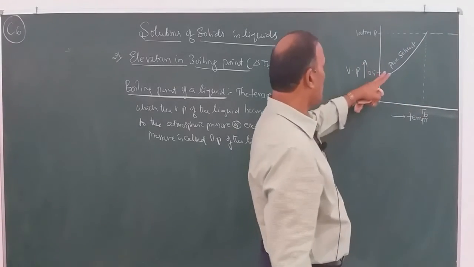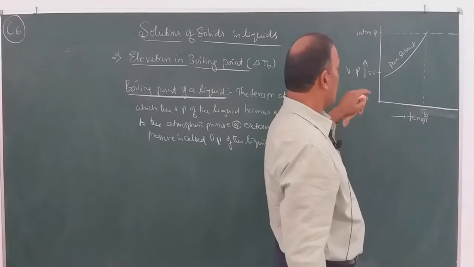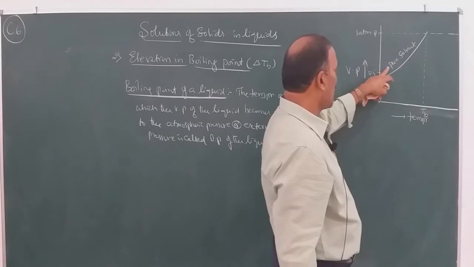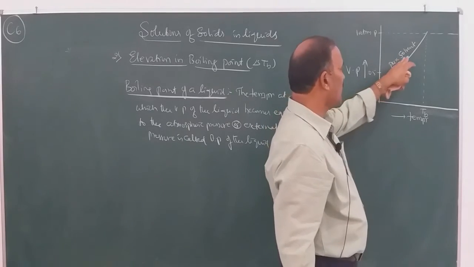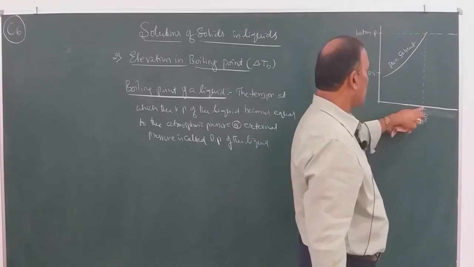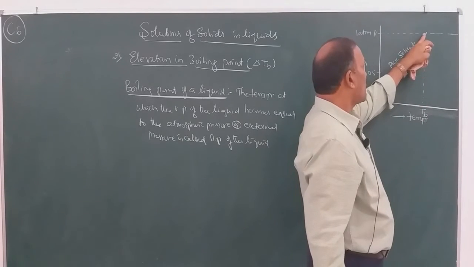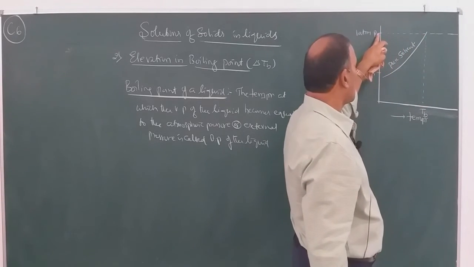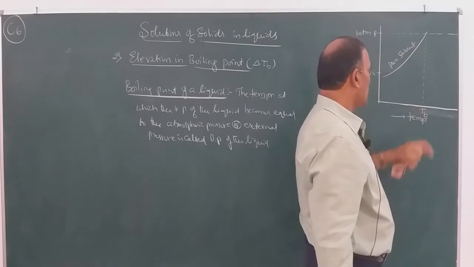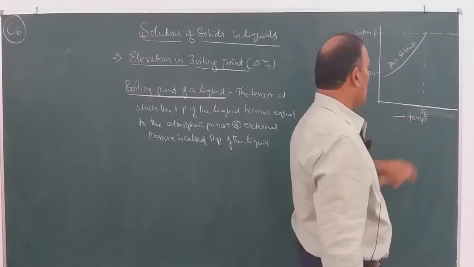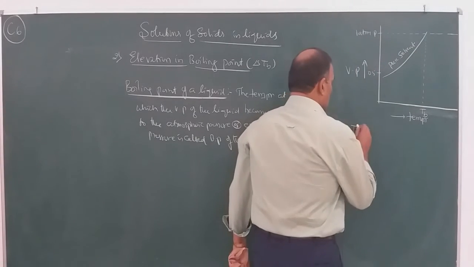So pure solvent, suppose, so this is pure solvent. When you go on increasing the temperature, the vapor pressure goes on increasing. At one particular temperature, the vapor pressure of the solvent becomes equal to atmospheric pressure. The liquid boils. That corresponding temperature is known as boiling point of solvent.